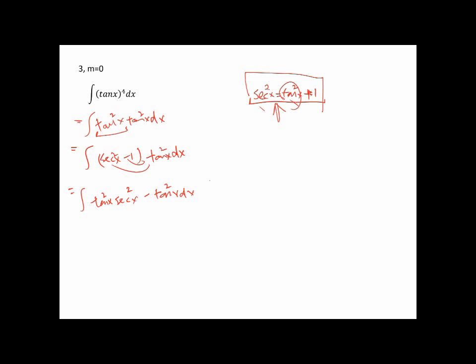So I separate into the integral of tangent x squared secant x squared dx minus the integral of tangent x squared dx. For the first part, it's quite clear, secant squared dx, so I can use u-substitution.